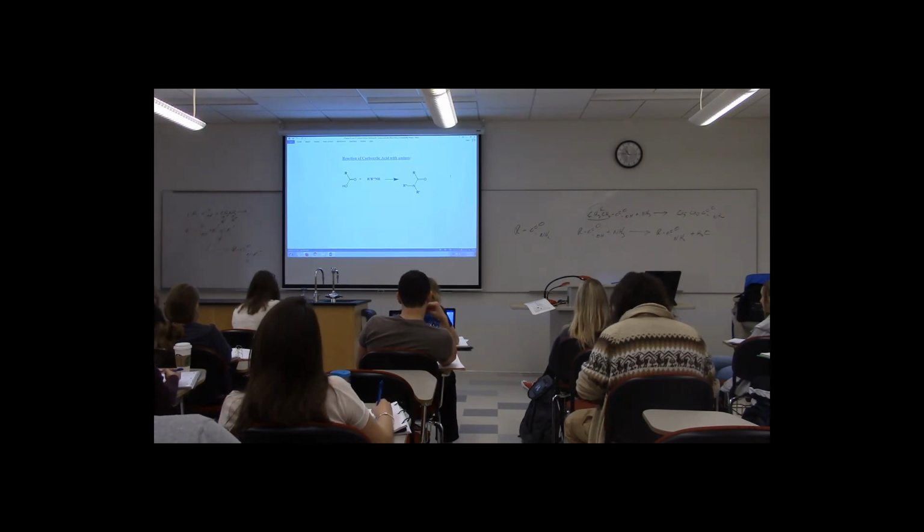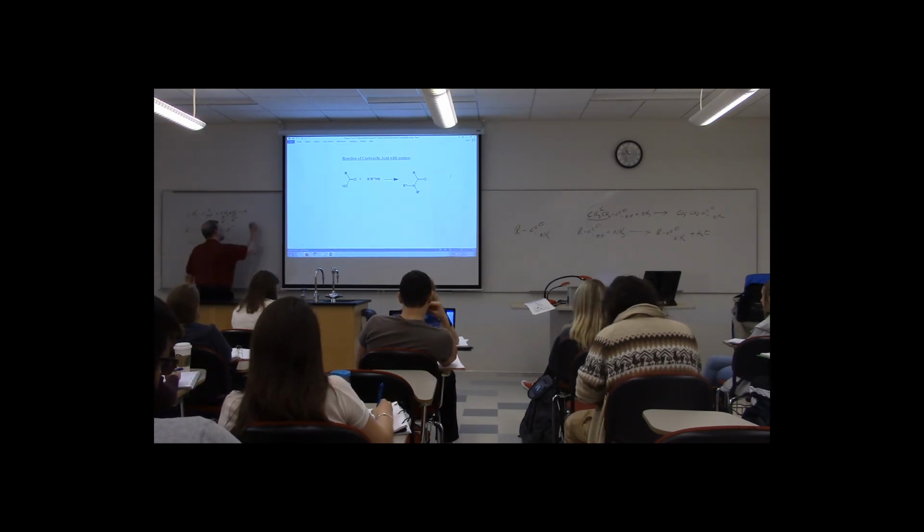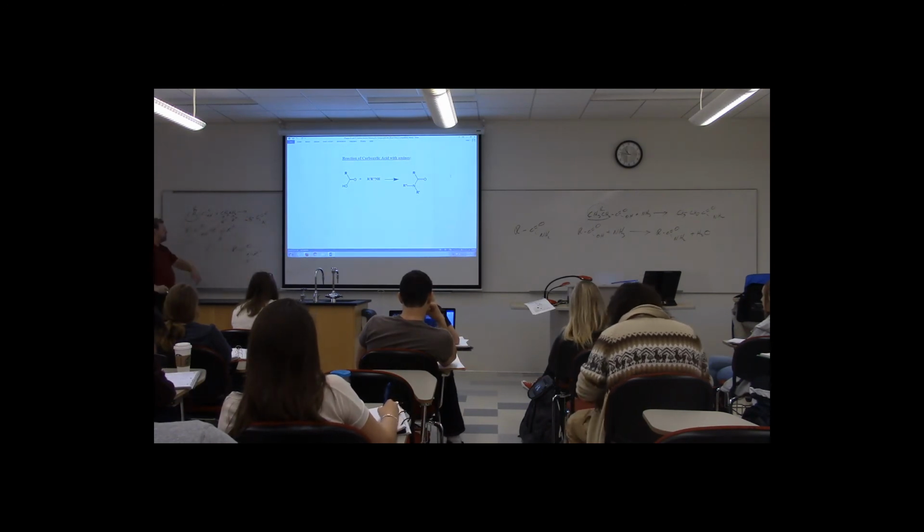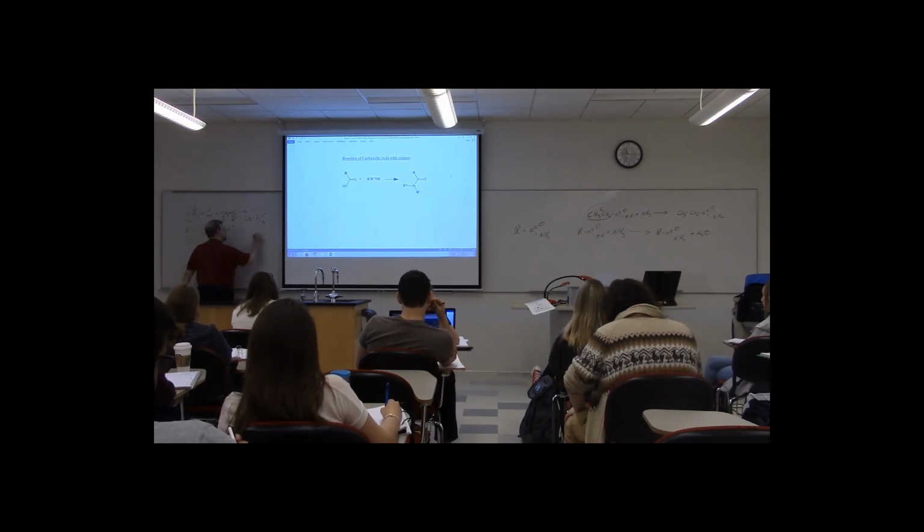And I'm going to draw that first. Then my nitrogen. What's on this carbonyl carbon? My R. Methyl. What's on my nitrogen? R prime and R double prime. Notice one is methyl and the other is a hydrogen.